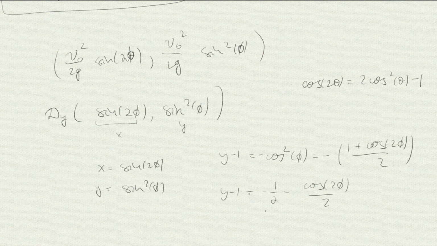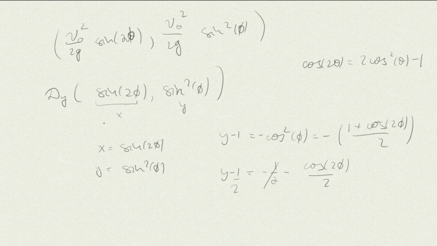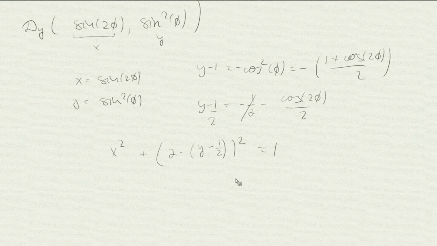So if we add now 1/2 here, then this is gone, right? And so we have y minus 1/2 equal to that, and we see that y minus 1/2, all of it times 2, is going to be minus cosine of 2 phi. So this is squared plus x, which is sine of 2 phi squared, equals 1. And that's the canonical ellipse.